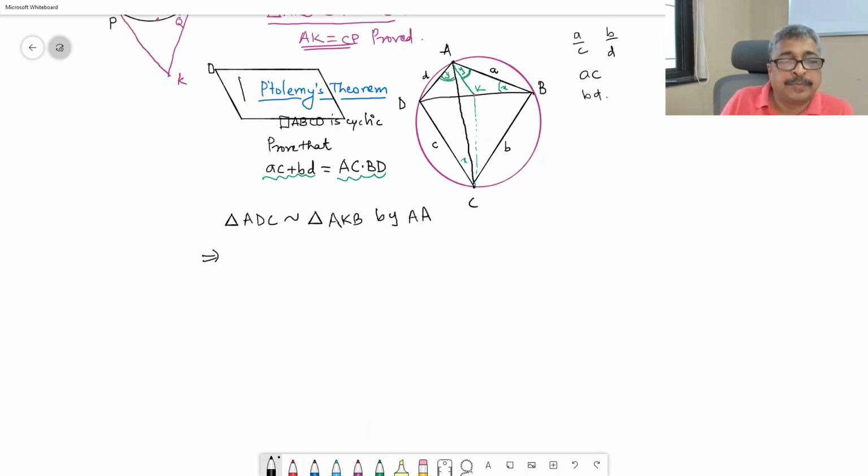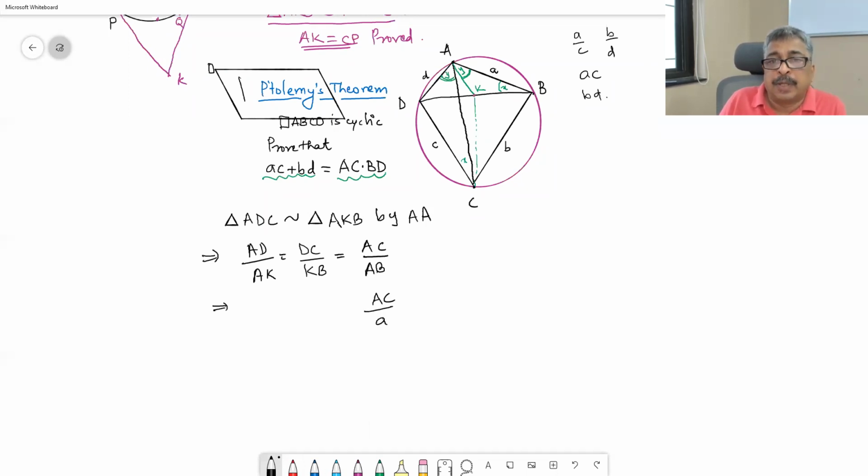This implies AD upon AK is equal to DC upon KB is equal to AC upon AB. Therefore AB is equal to small a, AC is AC, and DC is equal to small c.